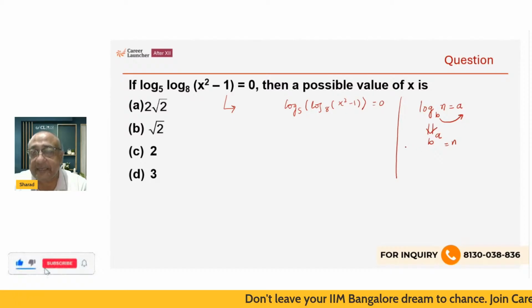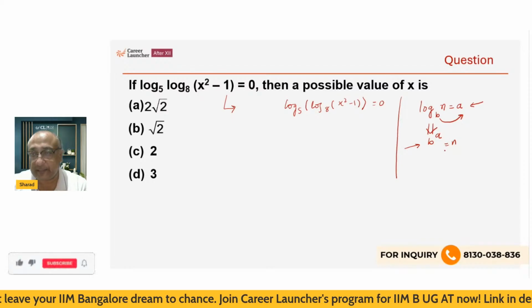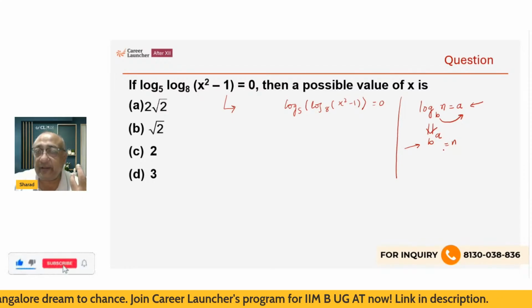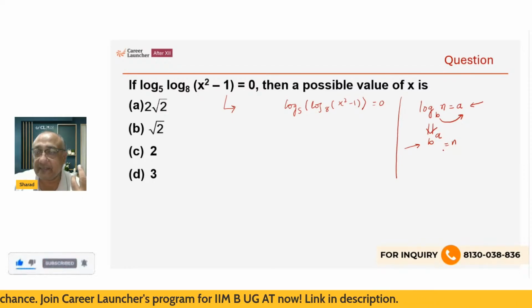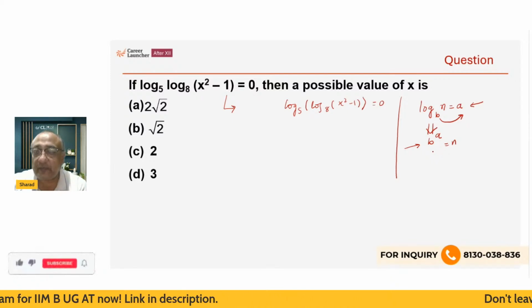Let us spend a little bit of time, 1 minute, to understand these two statements. These are equivalent statements. Relation between three numbers, which is base, exponent, and number. So what does this say?